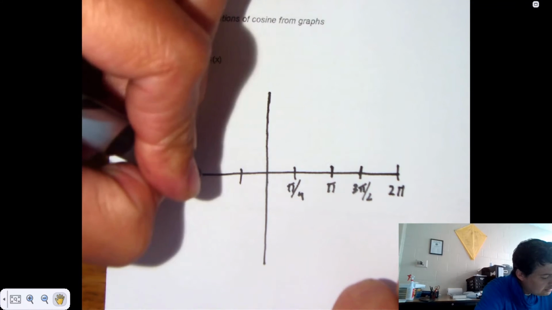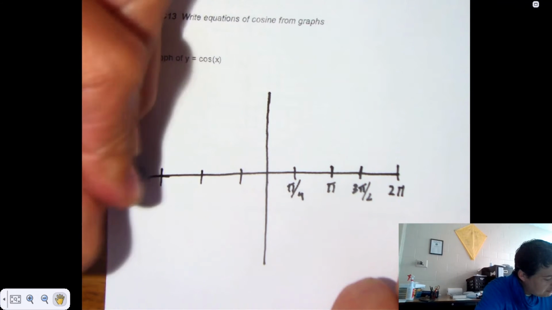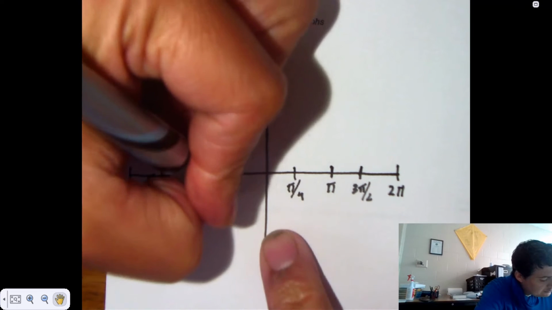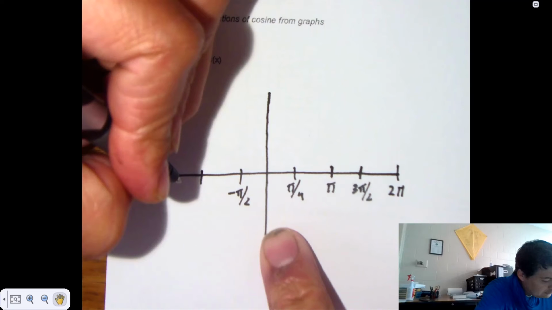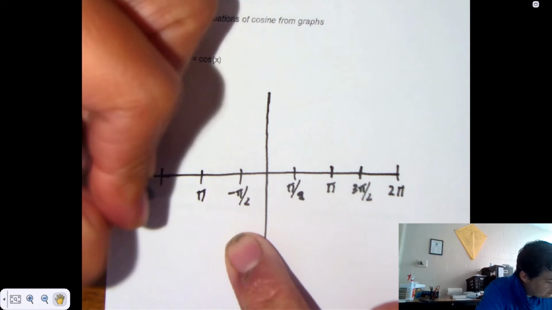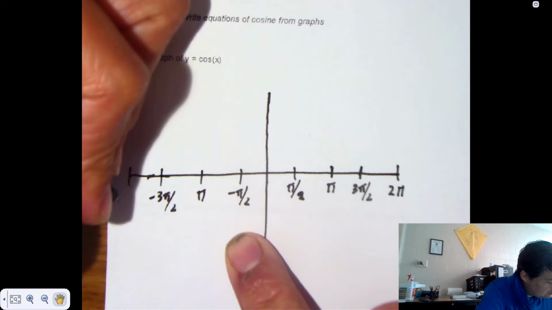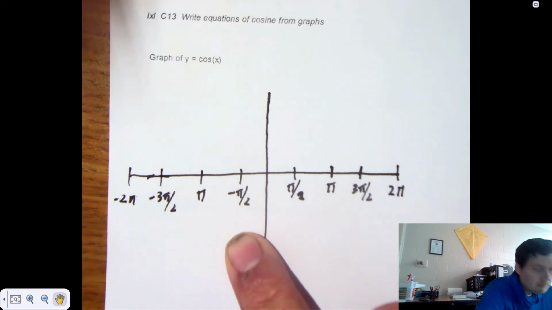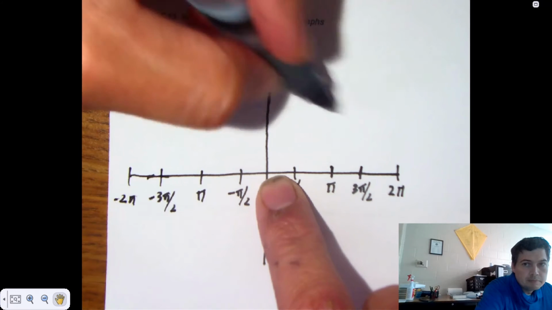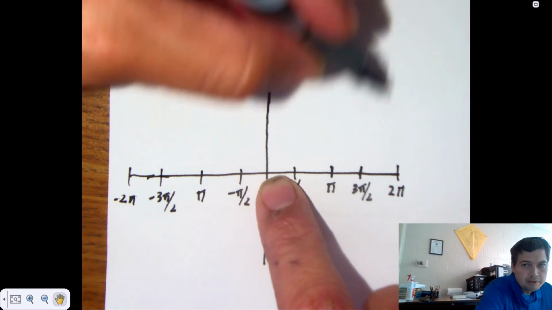So I'm just going to jot those intervals of pi down. I'm going to plot my points. Now, when you think about the unit circle, remember cosine is the x value of the coordinate.